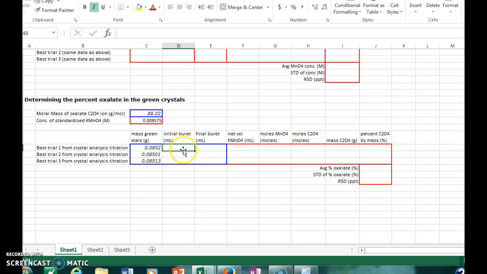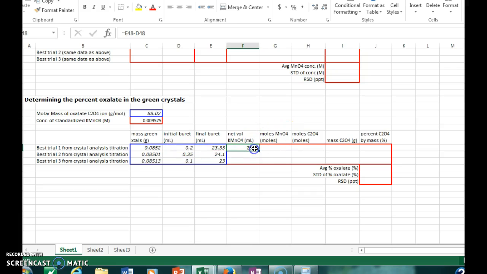And then your initial and final burette readings, you're also going to have to fill those in from your data in your lab notebook. So I'm going to just put some numbers in and come back in a second. Okay, so I just put in some values for initial and final burette reading. Now I'm going to get the net volume. It's just going to equal your final minus your initial.